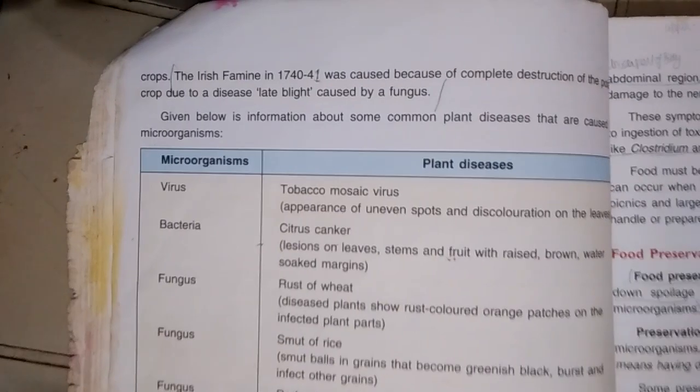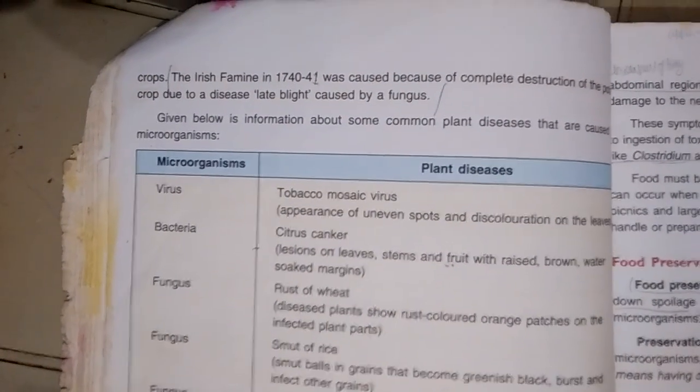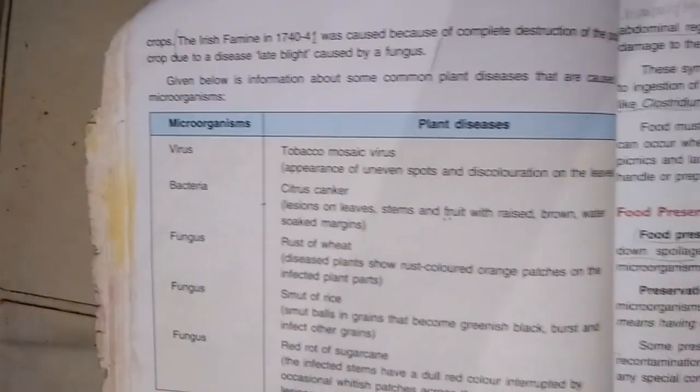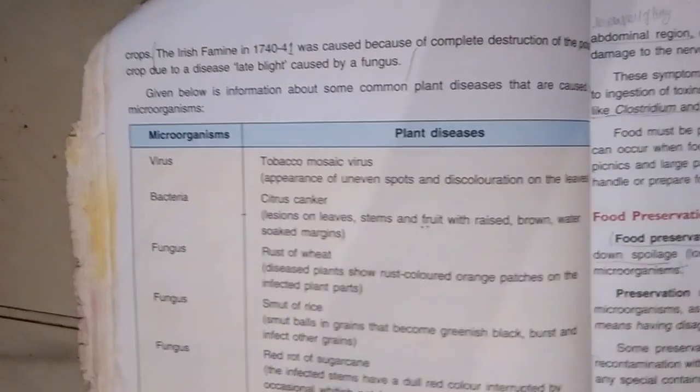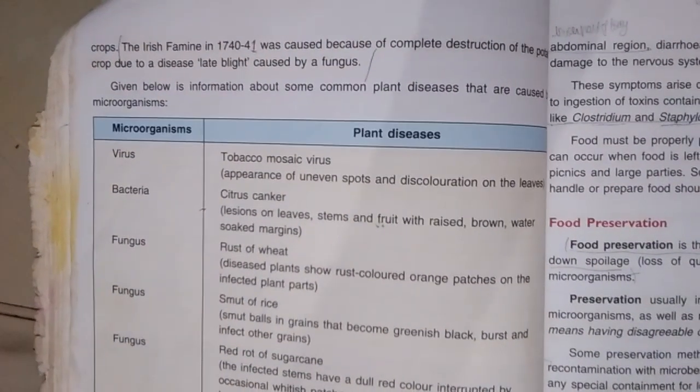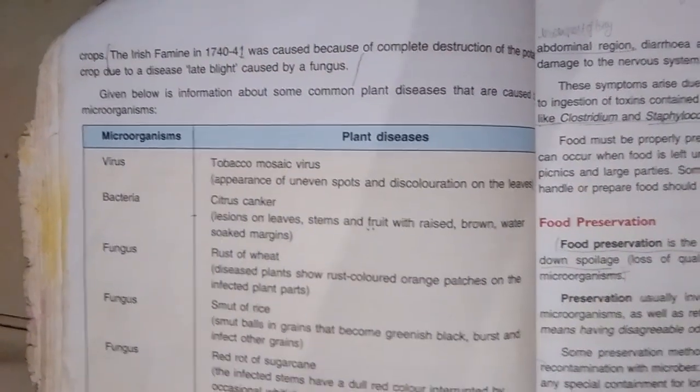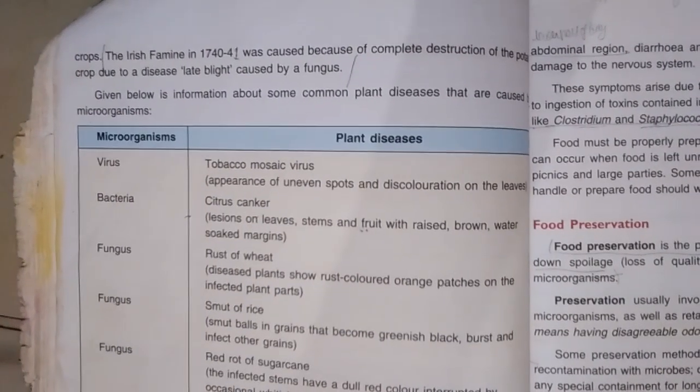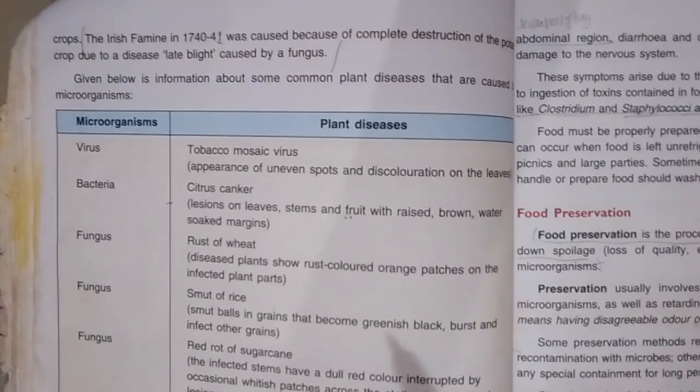So there was a complete famine due to the destruction of the potato. So it is a plant infection. Now come to the table of microorganisms that infect plants and cause plant disease.